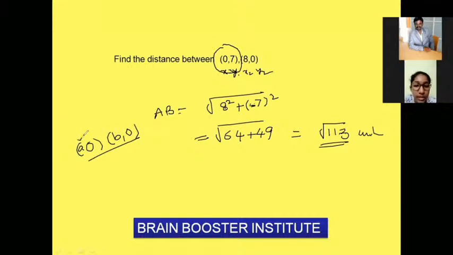Whenever the points are like this, the first coordinate is the x coordinate and the second is this one. Whenever we have A comma 0 and B comma 0, can I write the formula as A square plus B square?